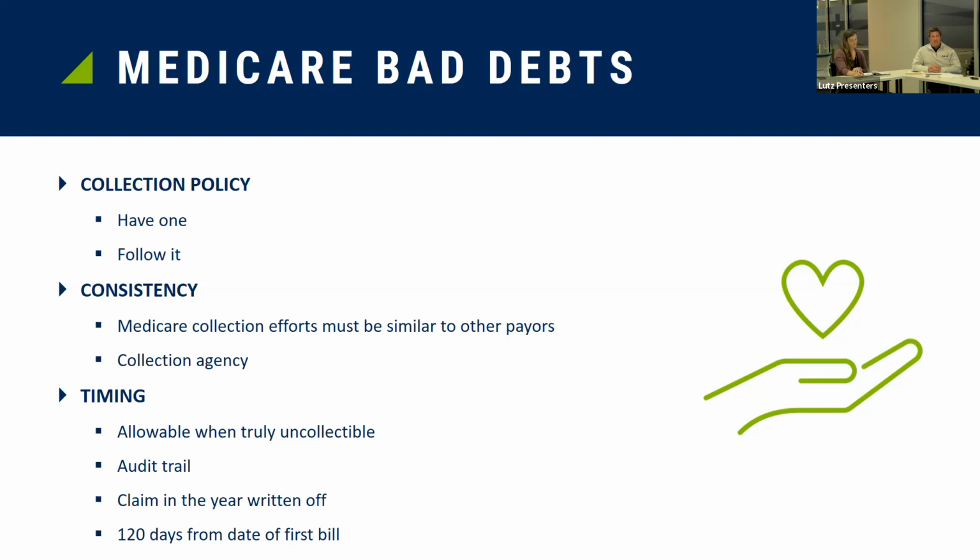If you went back in time 20, 25 years, maybe, you used to be able to claim bad debts, and then if you collected on those bad debts sometime in the future, say Kirk was claimed as a Medicare bad debt, and then I gave you $100 this year, $100 next year, if I pay quarterly, monthly, whatever have you, you would just net that against your claimed bad debts. Well, Medicare anymore only wants you to claim bad debts on the cost report when it is truly uncollectible and you're not bringing in any monies. And we'll get into a little bit more detail on that.